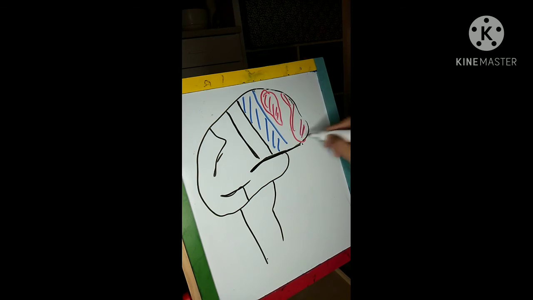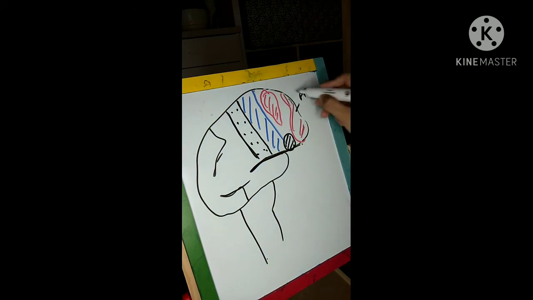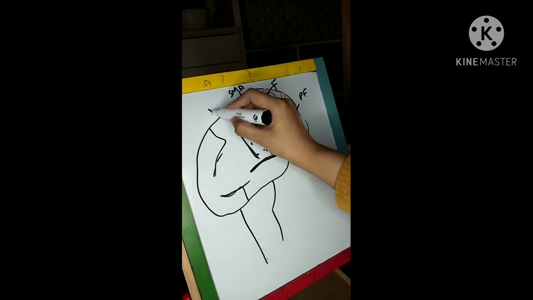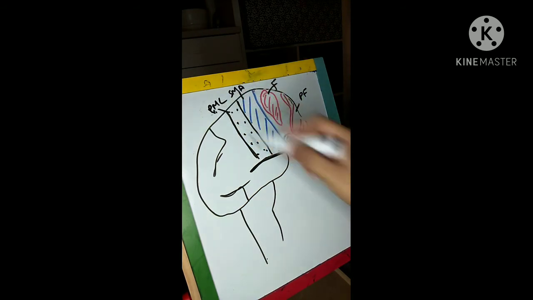This one is the prefrontal area, and below is the Broca's area. So I am marking these also so that you can remember these. Most of you will know about these, but for those who do not know, they can see.